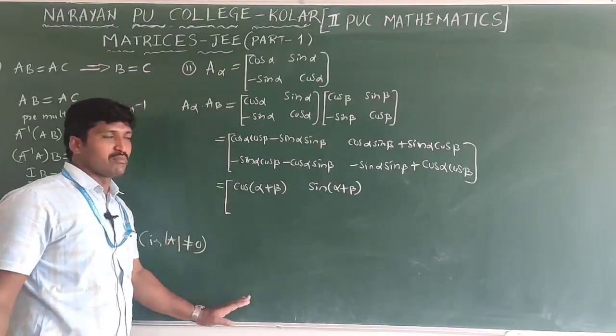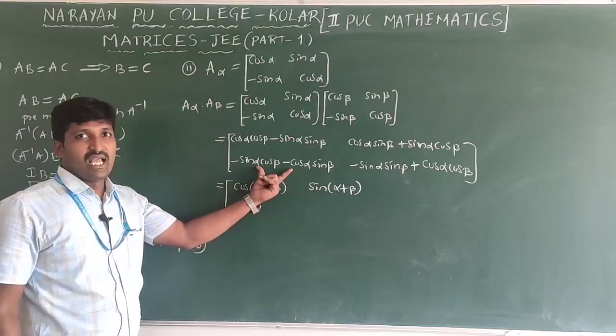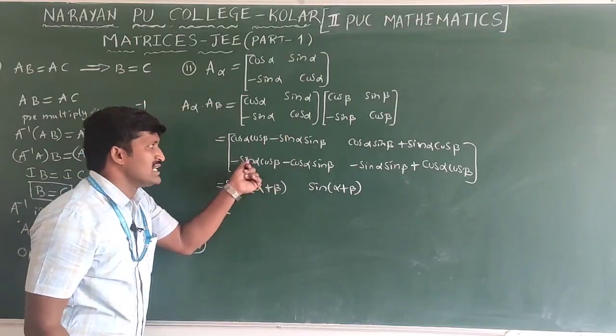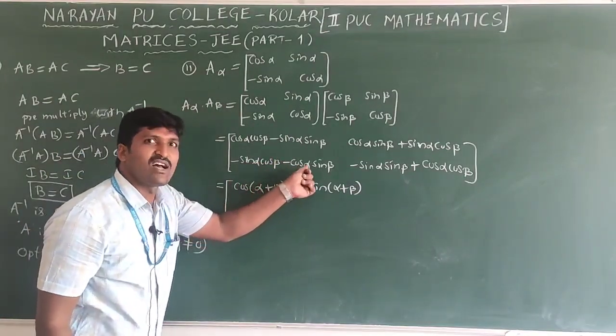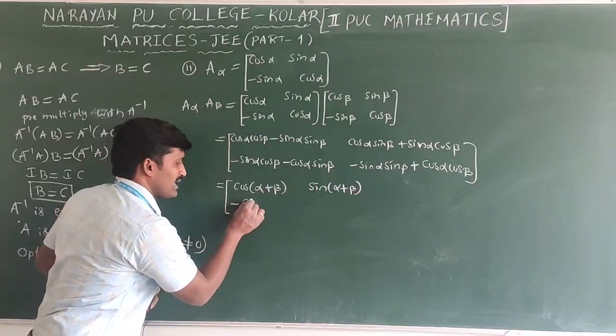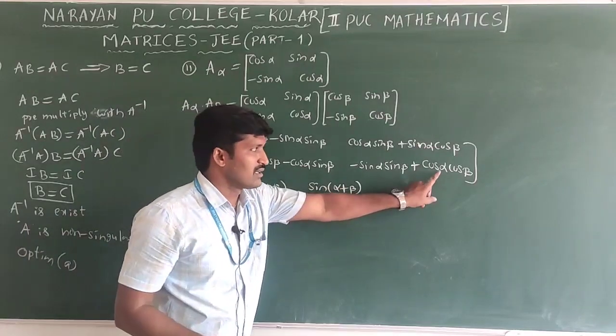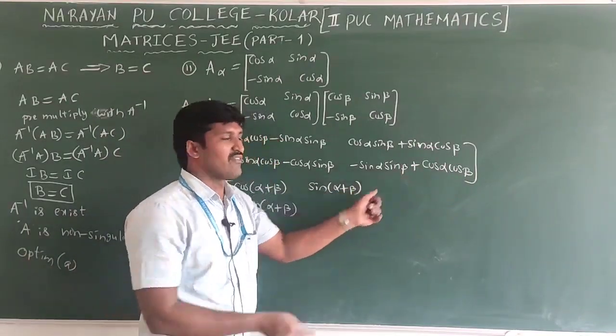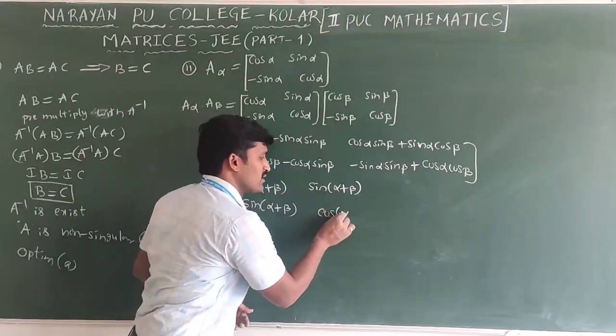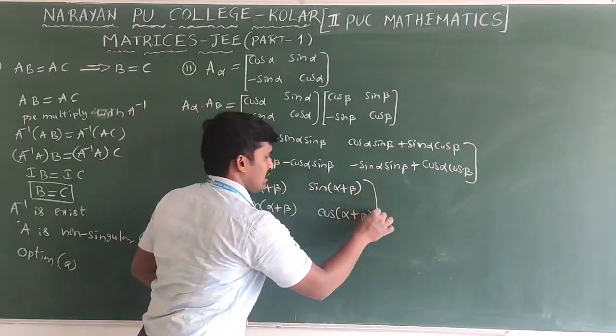Here also the same formula, but take minus common. After taking minus common, you will get sin alpha cos beta plus cos alpha sin beta, total minus sin of alpha plus beta. Here cos alpha cos beta minus sin alpha sin beta, again cos of alpha plus beta.